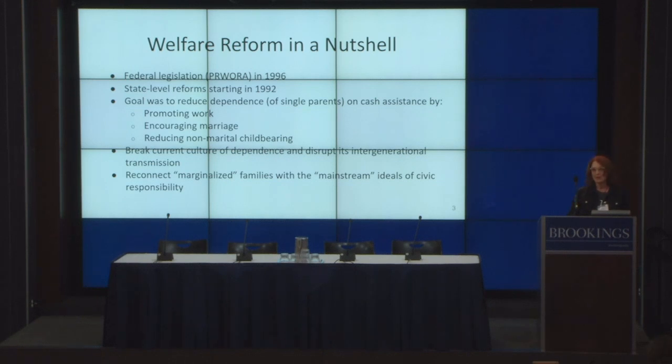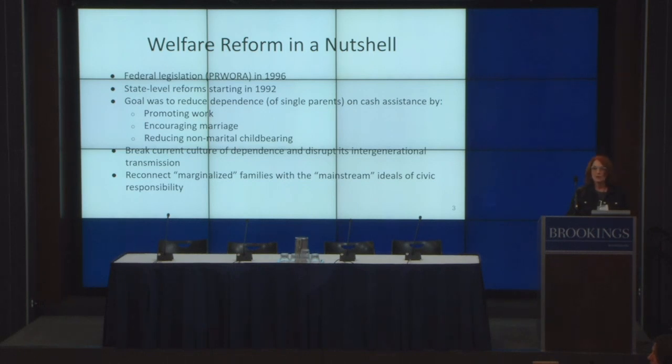And again, I could talk for hours and hours about this, but federal legislation in 1999 signed by President Clinton, but welfare reform actually started a few years earlier with state waivers to the welfare programs. So 1992 was actually the first state that implemented a substantial welfare reform program.